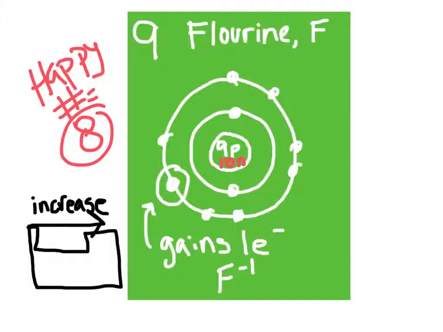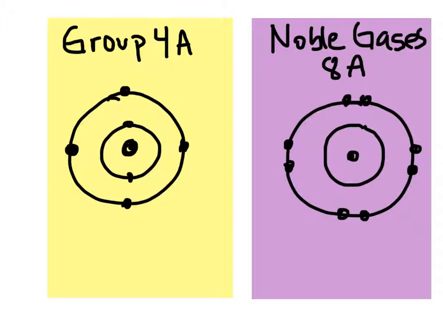And what I want to do is just one more thing, taking a look at group 4A, and also the noble gases. So if you have to draw something that's in group 4A, now this is not drawn correctly, this is just an example. I want to talk to you about those electrons. He has 4 electrons, so he's kind of right there in the middle.